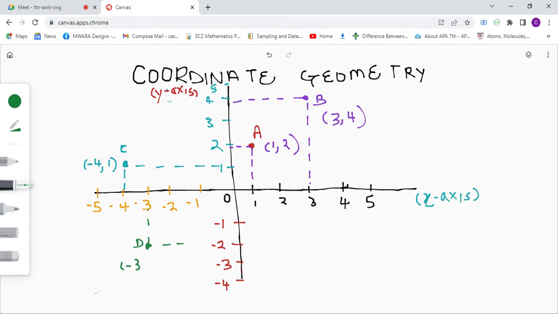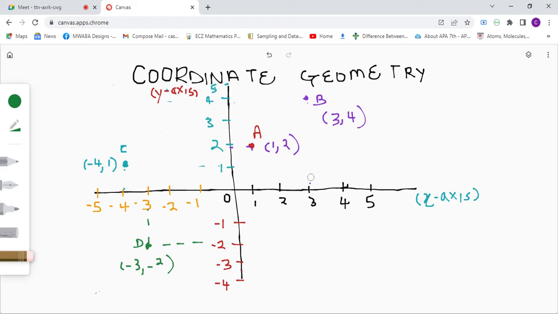Then we correspond it to our y-axis, we have -2. So that's how you read the coordinates of a point. You just find what it is on the x-axis and on the y-axis.